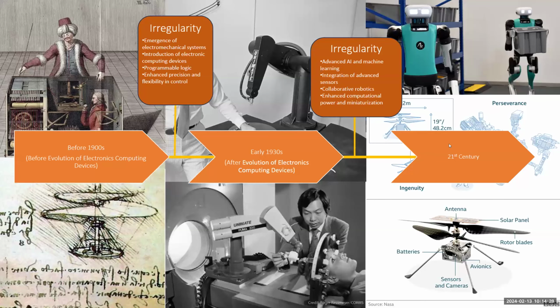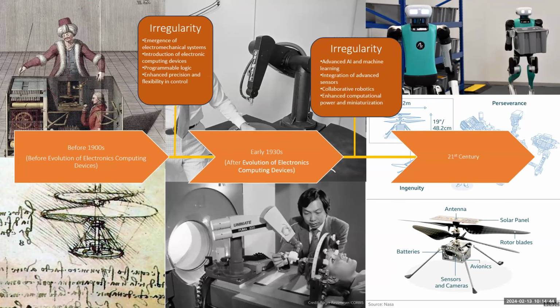Here are the significant changes of the robotic system before the 20th century, before the evolution of electronics. We solely relied on mechanical systems and magnetic systems.